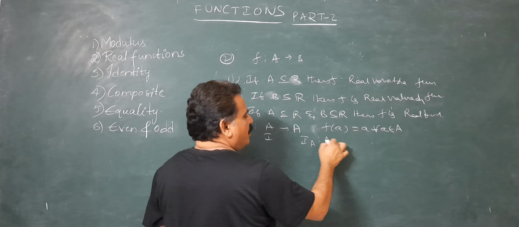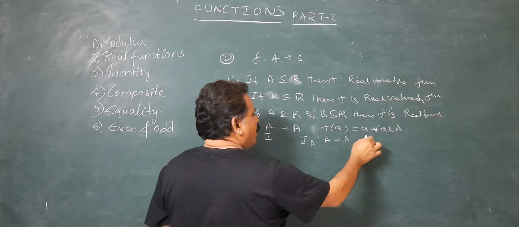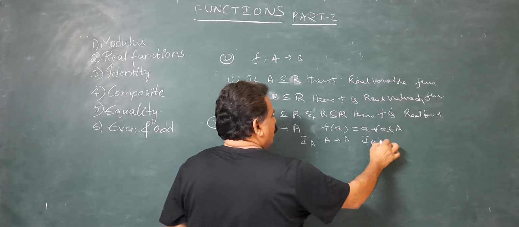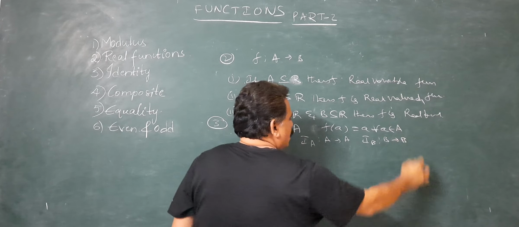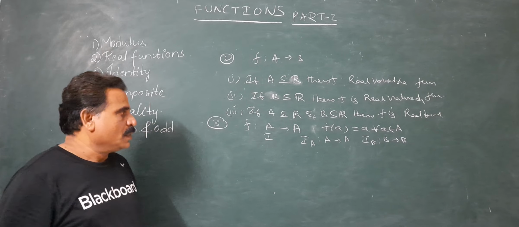IA is an identity function A to A. IB is an identity function B to B.